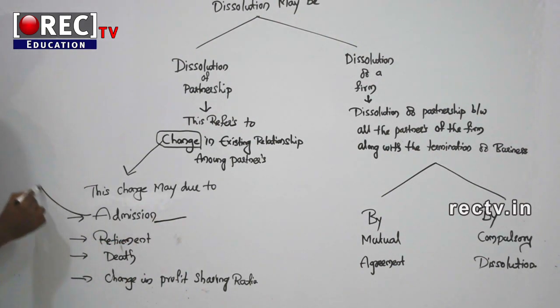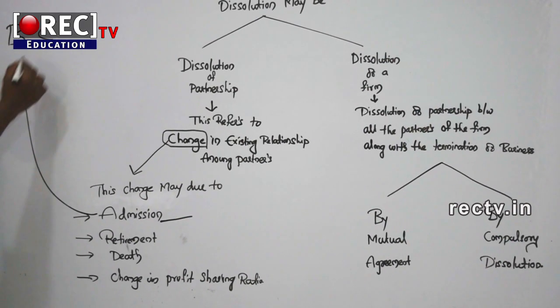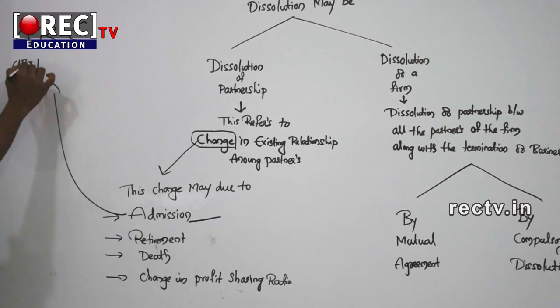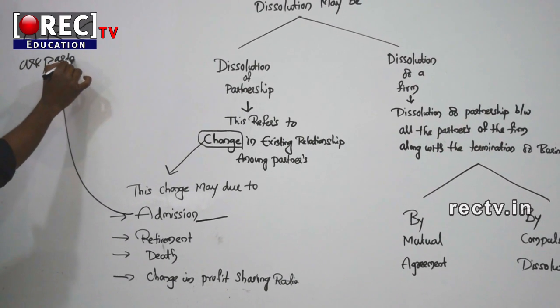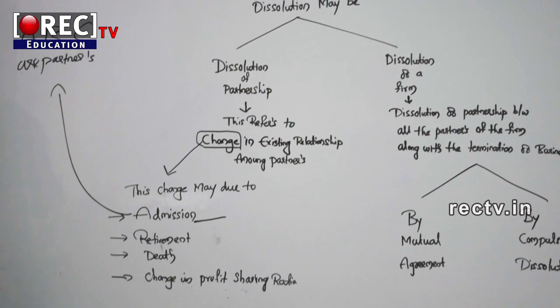Here in case of admission, A, B, C are partners. Then how is there a change?